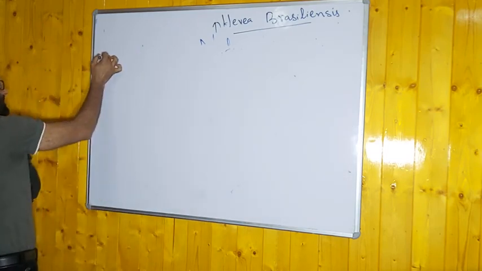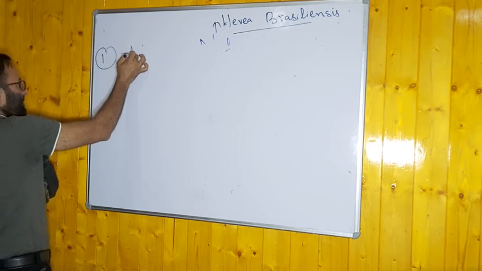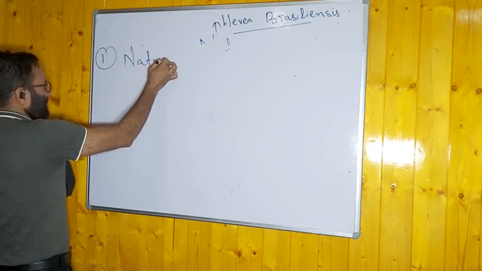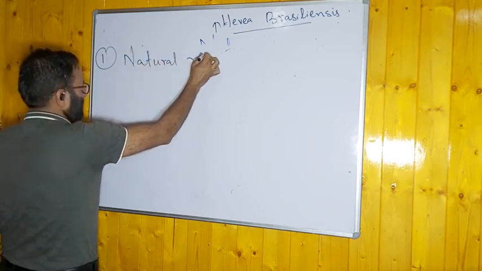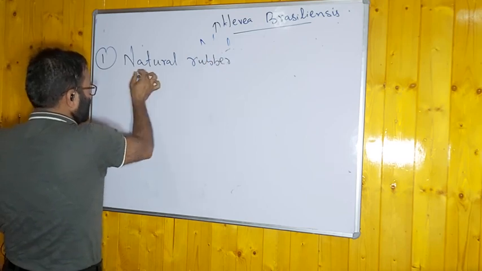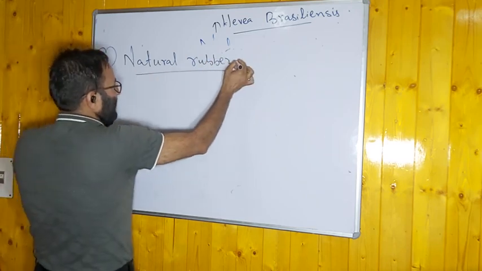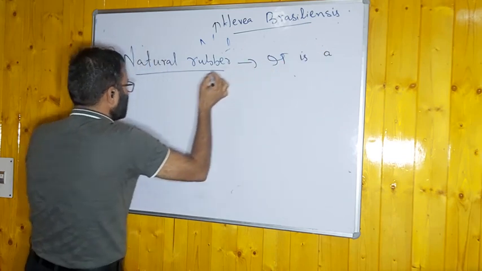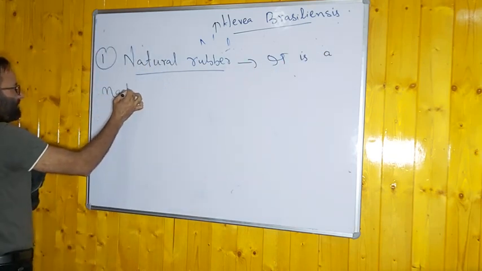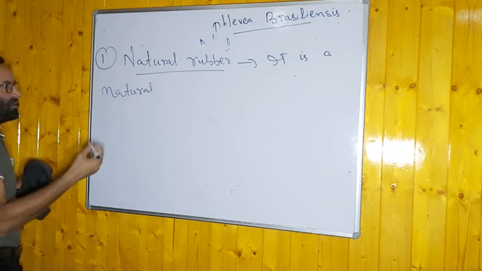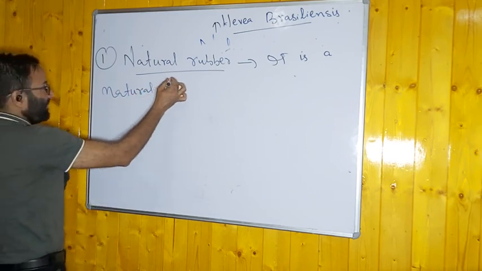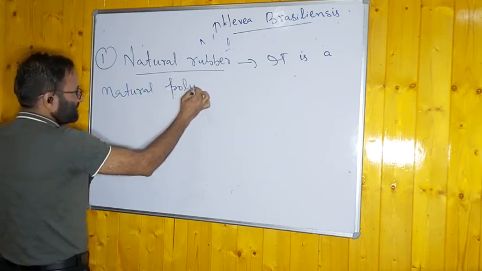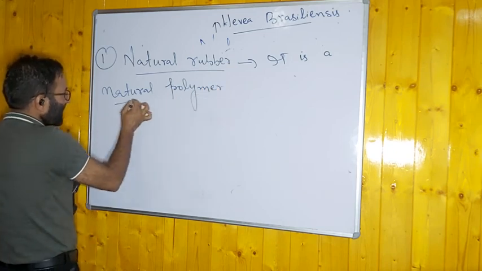Natural rubber is clear from the name: it is a natural polymer, because it is obtained from natural sources, from plants. This is the first point you have to mention.